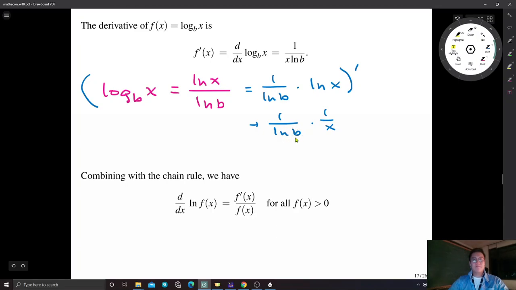So for example, if we have log with base 7 of x, then its derivative is 1 over x times 1 over ln 7.